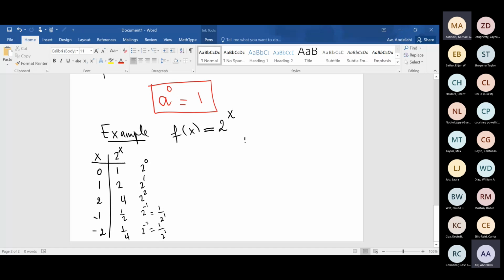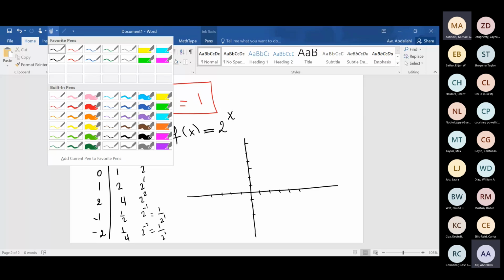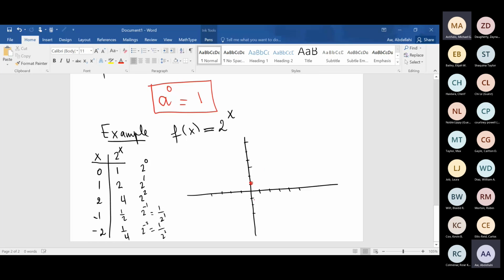So when we graph this, if you graph them, 1, 2, 3, 4, 5, etc. Okay, so f of 0 is 1. You have the point (0, 1). So you have (1, 2), (2, 4), (-1, 1/2), (-2, 1/4), right here.